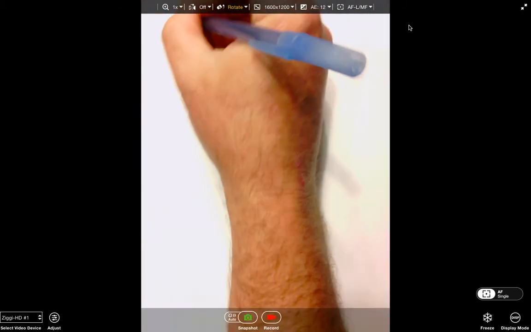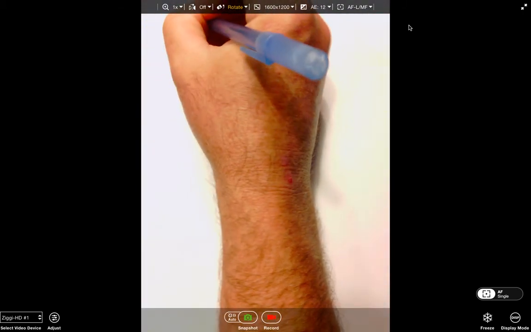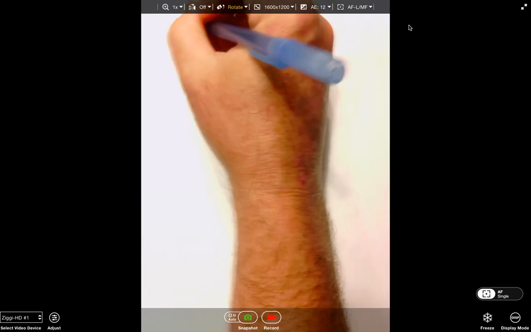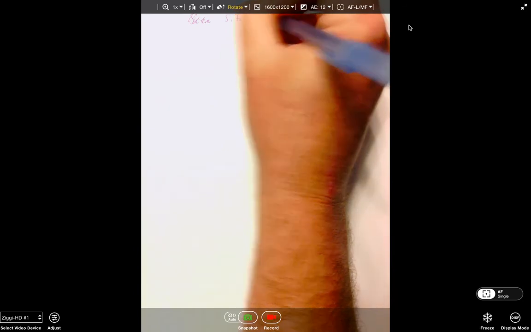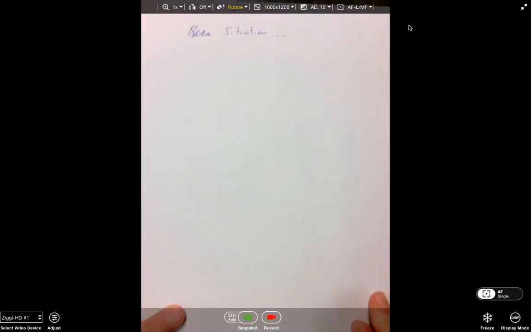Now, let's see if we can actually make this apply. Let's take the following scenario, or let's just call it a situation. So kind of a financial situation.